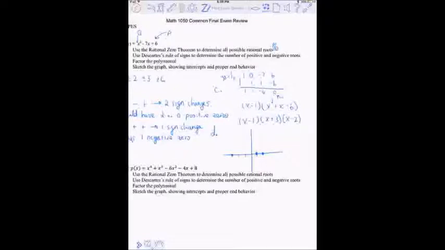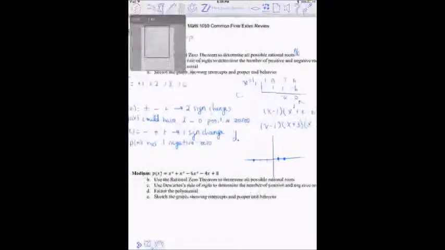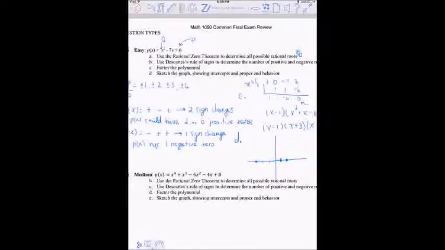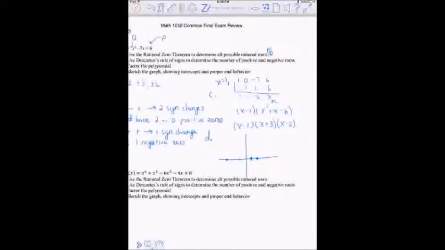Now to find the y-intercept, I'm going to go back to the original. If I plugged in a 0 for all of the x's, I'd be left with positive 6. So positive 6 is my y-intercept.